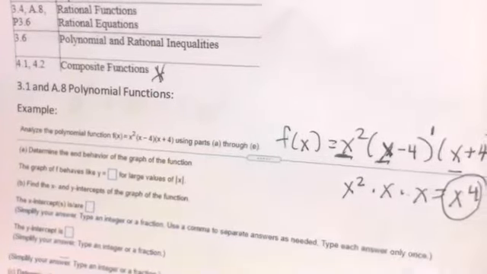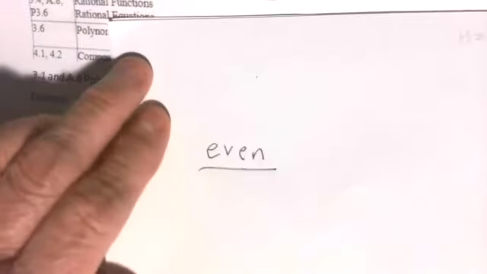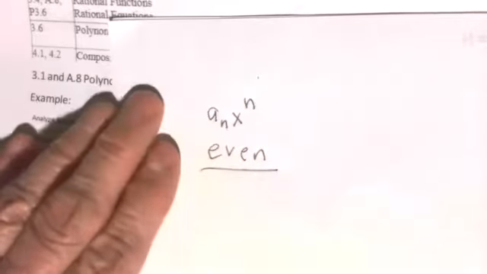So if you remember, there are 4 cases for the end behavior. If the leading term, let's call it the leading term with the coefficient, has an x to some number, the number up here is the degree.